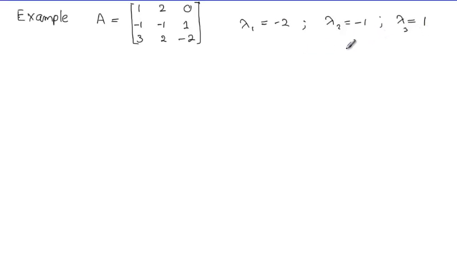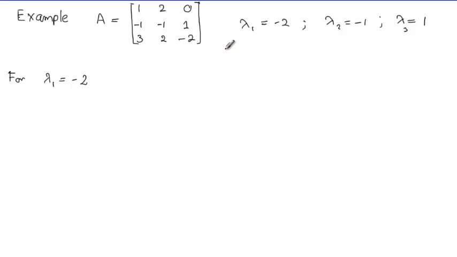Now in this case, we're dealing with eigenvalues which come at a multiplicity of 1. Now there's no eigenvalue which is repeated. Now let's start with lambda 1 equals minus 2.